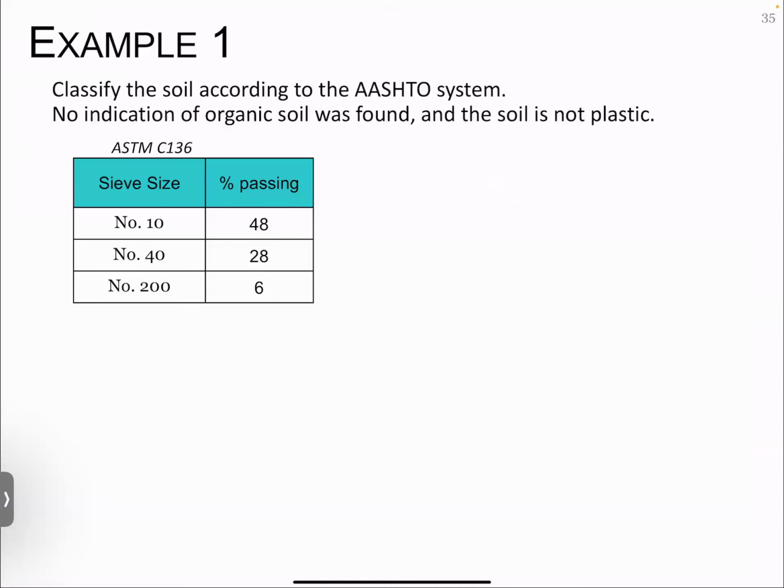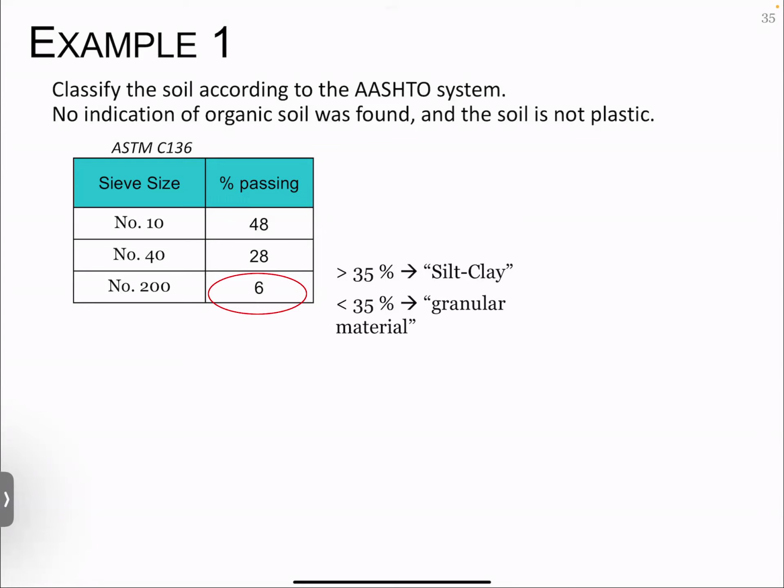So let's look at an example with AASHTO. We have our sieve analysis, and we need a little bit more data now. We have our 10, our 40, and our 200 passing. And remember that the distinguishing factor now is whether the percent passing the 200 is greater than or less than 35%.